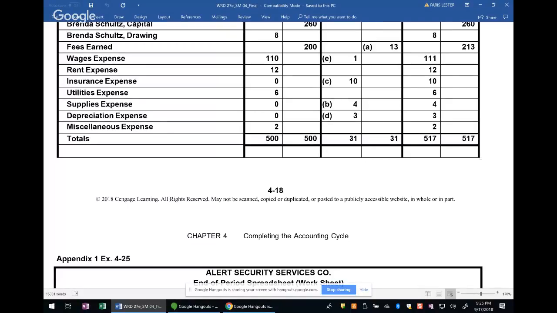I think that's one of the great things about it. It's valuable.